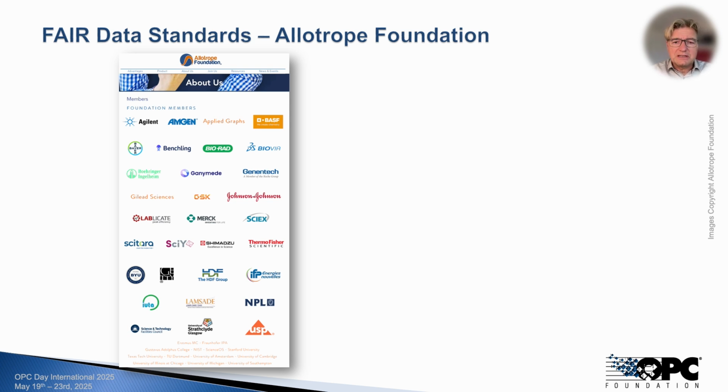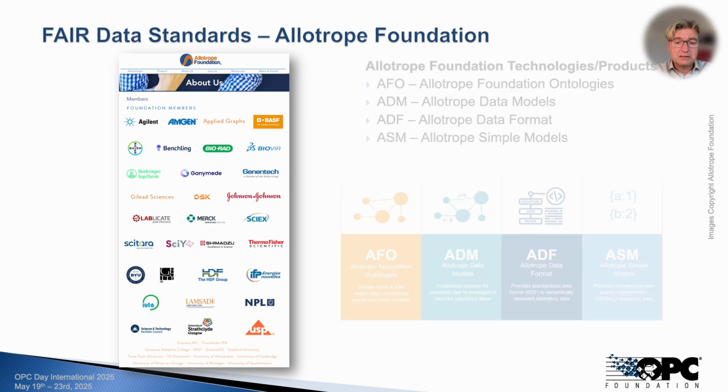And importantly, a broad range of academic institutions also participate in this initiative. So what does this show? Allotrope is widely supported across industries, from instrument vendors to data platforms, end users, and scientific institutions.